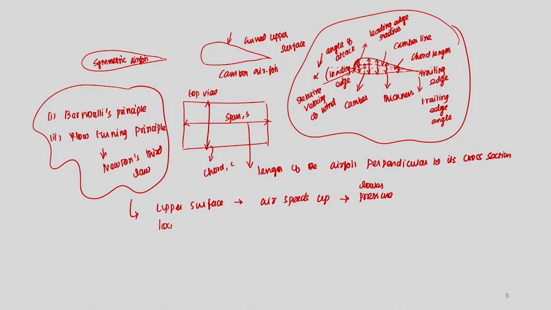So, in the lower surface, comparatively air is at its own speed. So, here I am saying comparatively, okay. So, then it is at higher pressure. So, due to this pressure difference, there is an upward lift force.